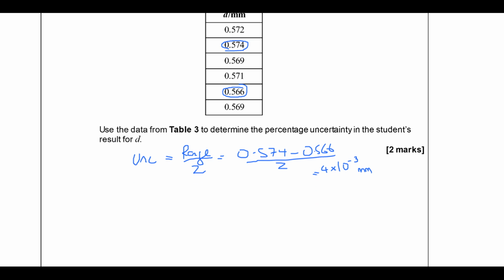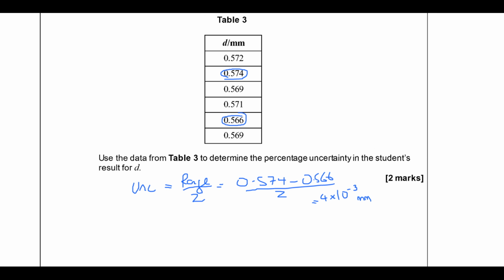Once we've done that, we need to work out the value to use, which will be the average of all those values, which I've calculated as 0.570. So your percentage uncertainty is going to be 4 times 10 to the minus 3 millimeters, divided by our average, which was 0.570..., times by 100%.